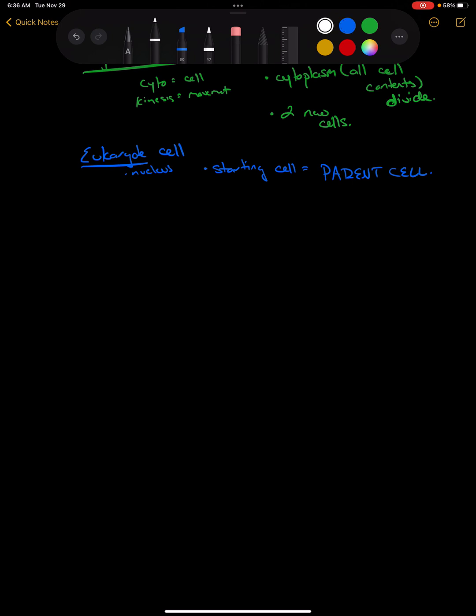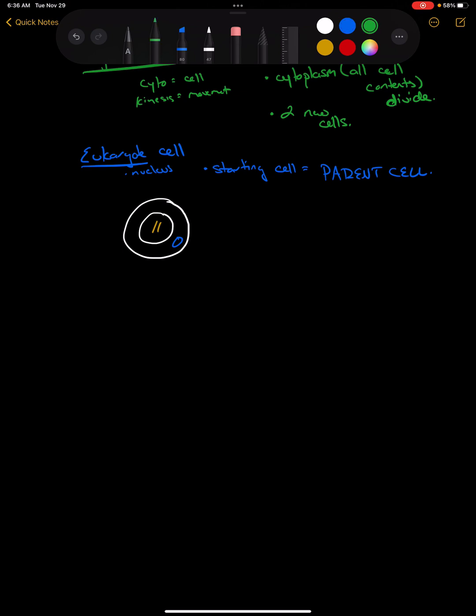So let's draw my cell. Here's my cute little cell membrane. Here is my nucleus. Let's give it some DNA. And there you go, and then here's an organelle. Look at that. We have a parent cell, right?